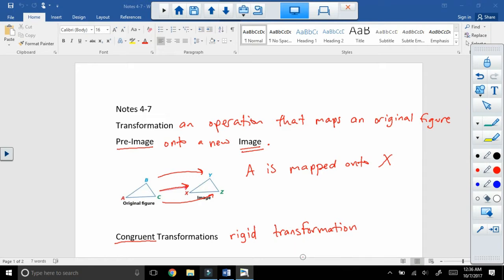The reason we have this in chapter 4 is because we've been looking at congruent triangles and congruent other figures. All of these things will be congruent as well. And another word for that even is called an isometry. And that word again simply means that they are congruent or rigid transformations. These things all mean the exact same thing.